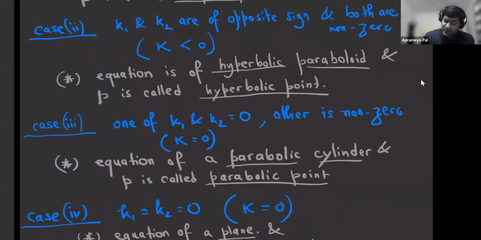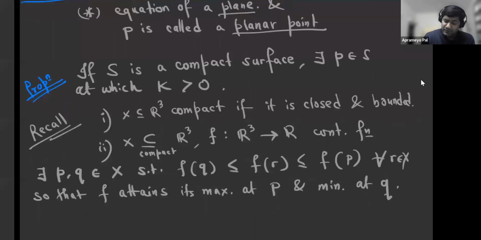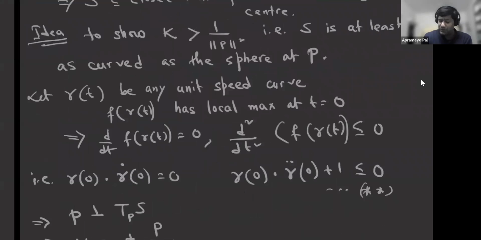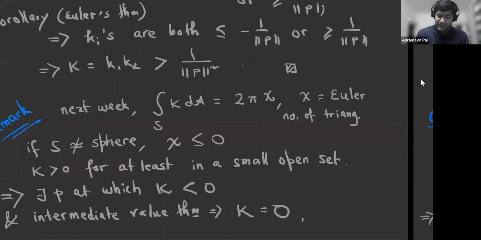I also told you that if you believe me for the time being about some big theorem, which you will see next week, then you can prove that you can also find a point where K is negative, for a surface which is not a sphere. That's very important, because if S is a sphere, the Gaussian curvature is always positive, as we have already seen.